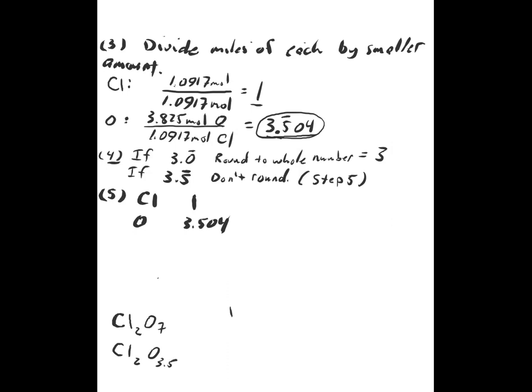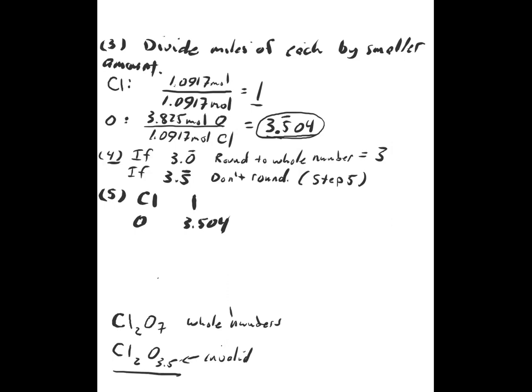It's generally considered poor form. So we need to have whole numbers as the subscripts. So this one's invalid. This is not what we would write. Now, when you start getting into complicated issues, sometimes we do allow that.